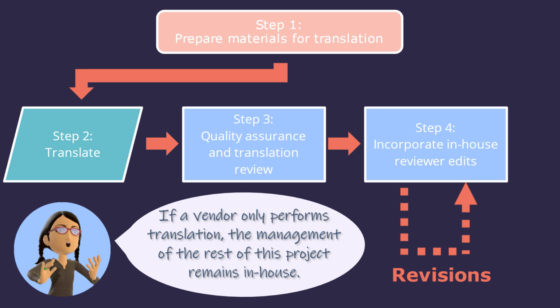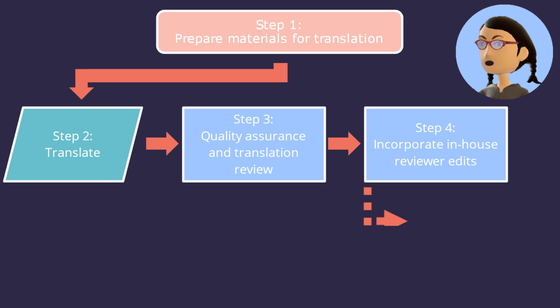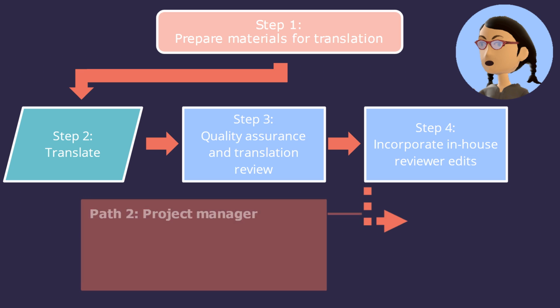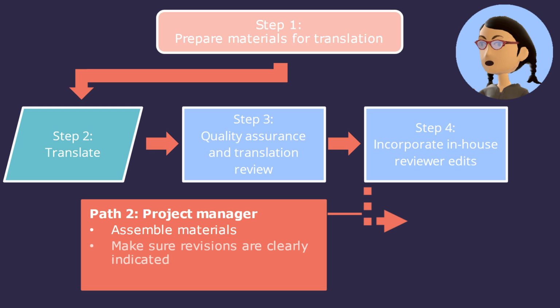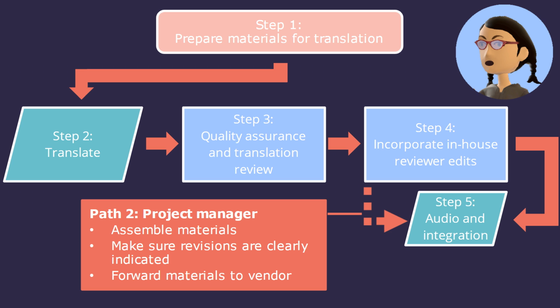If a vendor that only performs translation was used, the management of the rest of this project remains in-house. In Path 2, if a full-service vendor was used, whoever serves the role of project manager is responsible for assembling all the materials, making sure the areas of revision are clearly indicated, and forwarding it on to the vendor for integration.